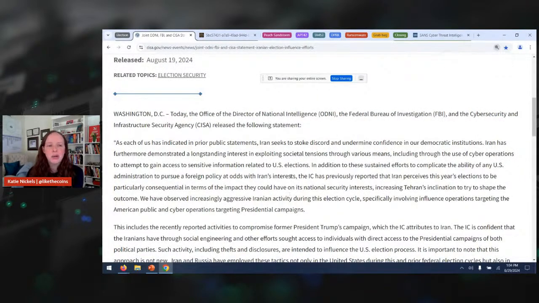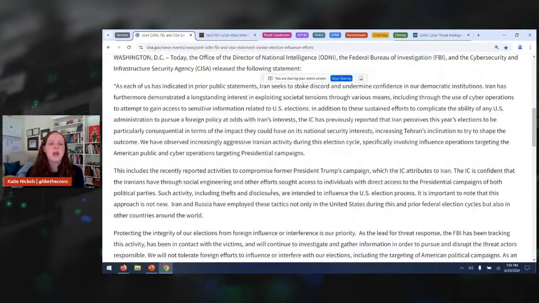The U.S. government is sending a clear message that interfering in our elections is not okay: influence operations targeting the American public and presidential campaigns. You might have seen trending in the news that former President Trump's campaign was targeted, and CISA confirmed that was attributed to Iranian actors.